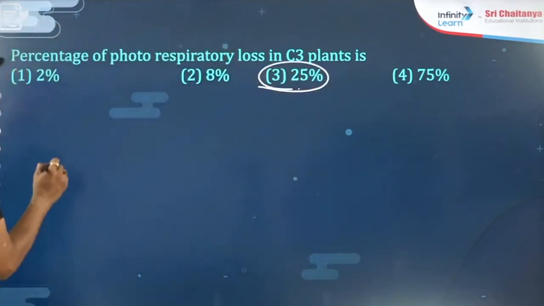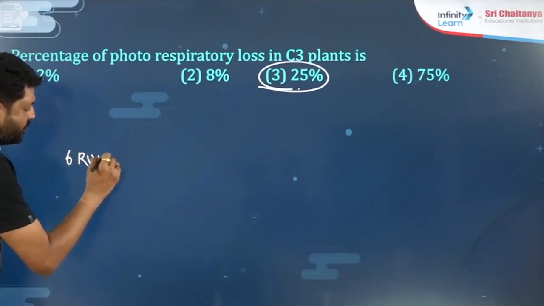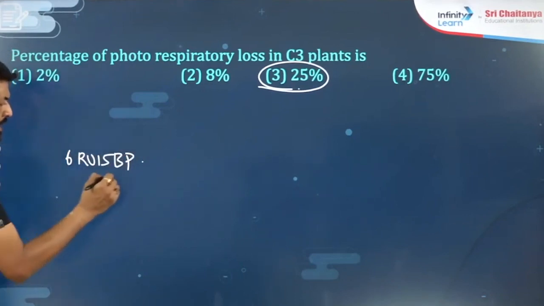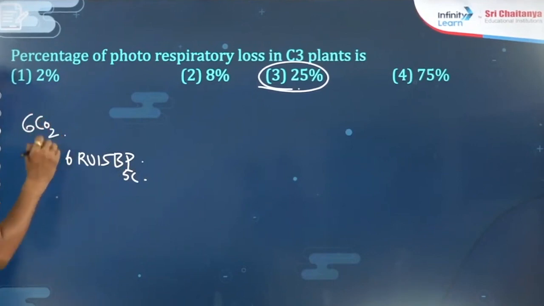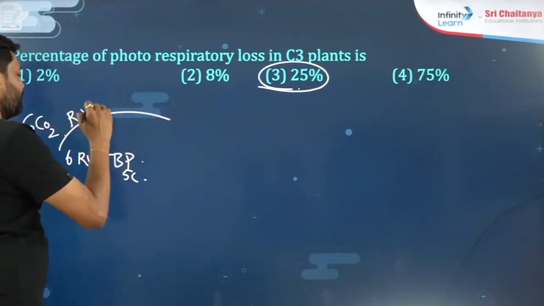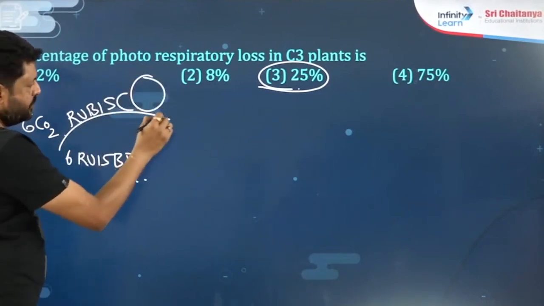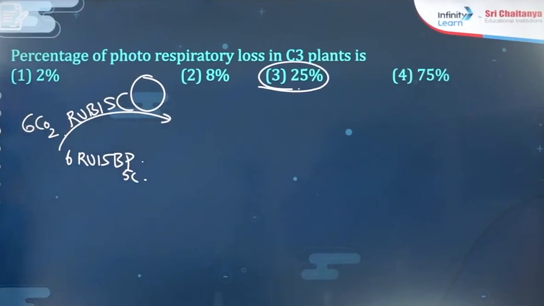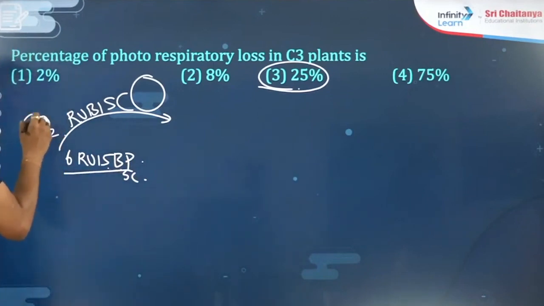Now what happens here is 6 moles of ribulose 1,5-bisphosphate, each a 5C, is ready to accept 6 moles of CO2, but because of the peculiar activity of rubisco, instead of 12 moles of PGA, phosphoglyceric acid, the RuBP, by accepting 6 oxygen, will undergo photorespiration.